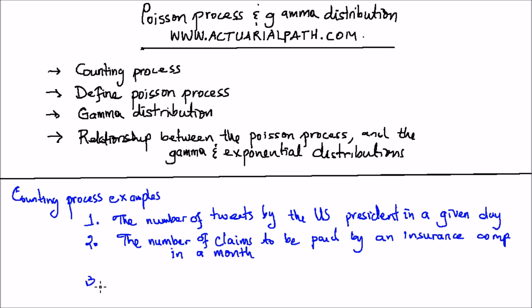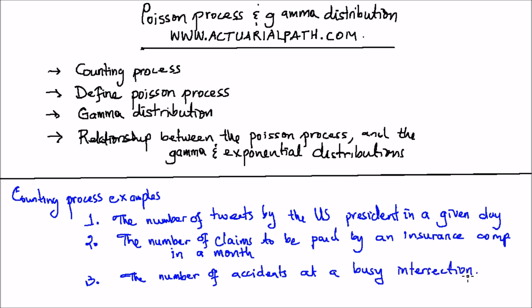And the last example I'm going to list here is you may be curious about the number of accidents at a busy intersection of the town or city you currently live in. And you'd like to get data on that and come up with an expected value or variance, or a probabilistic view of it.